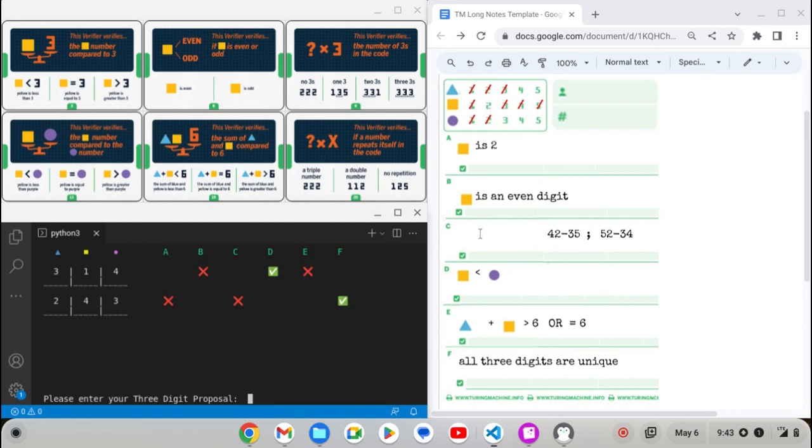Okay, so in my notes here, I'm going to say there is no 3. Let me eliminate the 3 from here.